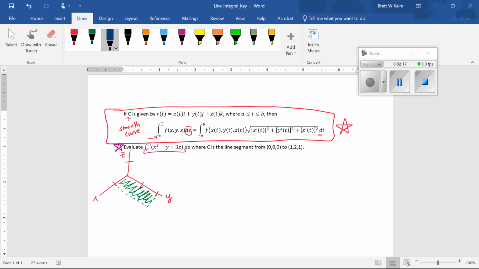Here, I'm going to try my best to draw this. I have 0, 0, 0, this point right here, and I would be traveling to 1, 2, 1. 1, 2, 1 goes up. This is really tough for me to draw, but it goes up. It just kind of depends on how you want to draw this, but it does go up.